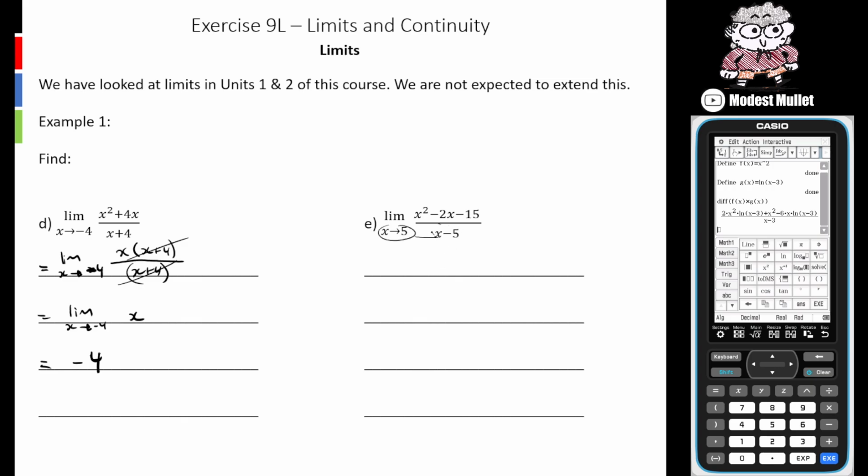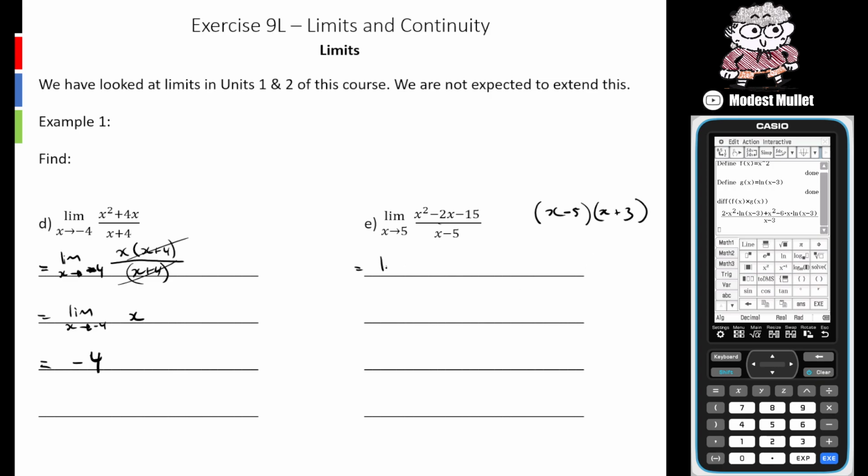If I substitute 5 in straight away, I get 0 in the denominator, so we need to factorize. Just a little bit of working out over here. Two numbers that multiply to give me negative 15 and add to give me negative 2, well, that's going to be negative 5 and plus 3.